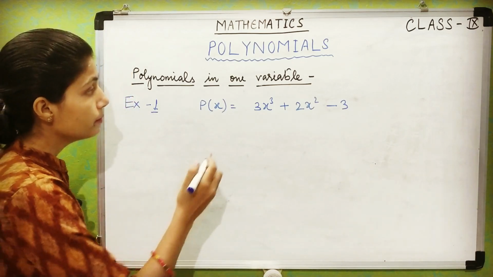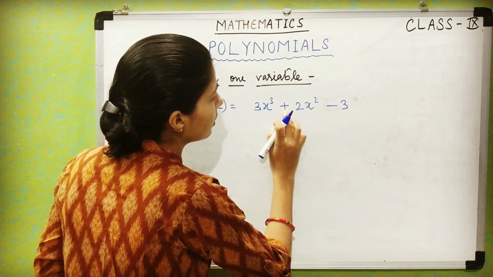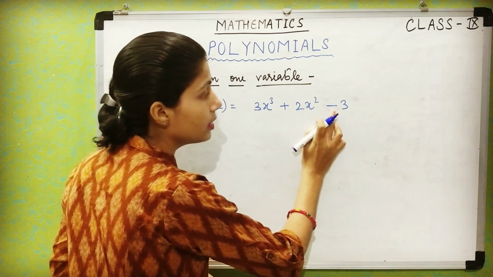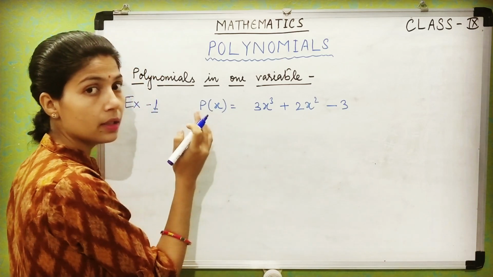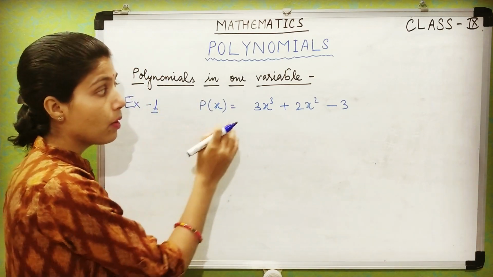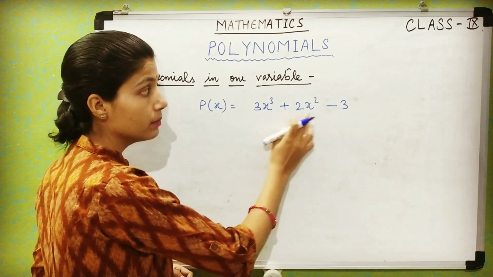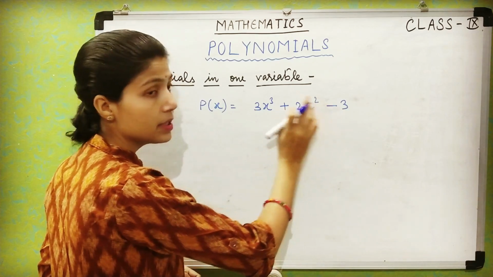See here, this sign is plus, but here it is minus. As we have discussed the definition of polynomial in the form of addition, but here one is plus and one is negative.